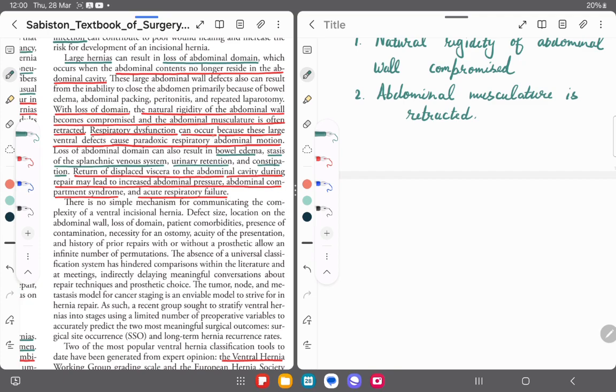Respiratory dysfunction can occur because large ventral defects cause paradoxic respiratory abdominal motion.